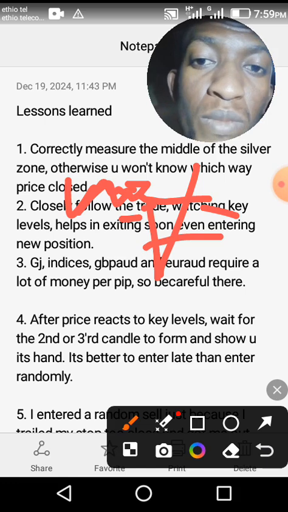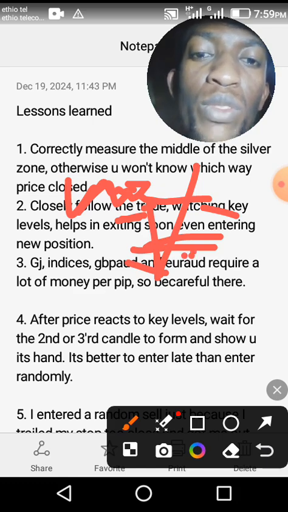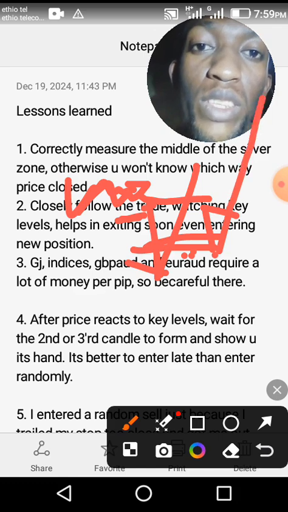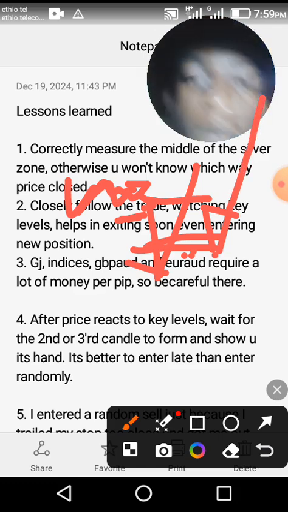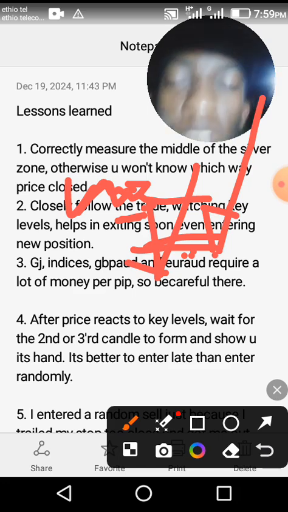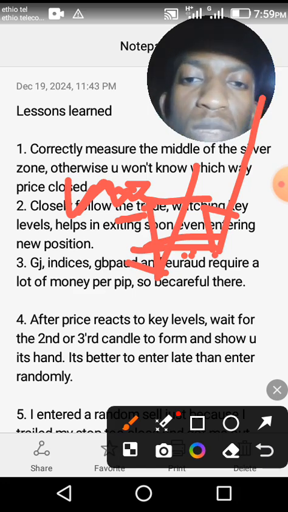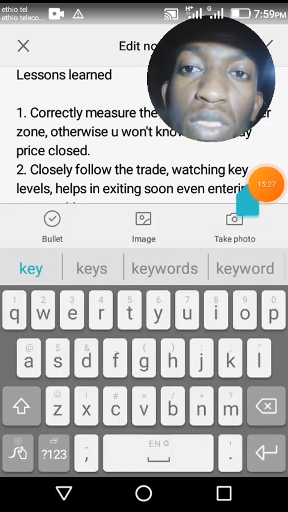This leg below the silver zone to the middle line is called mid-ordinate. This mid-ordinate will be used for price support, right? To pump or to do whatever it wants, like sell or buy. So that is the whole scenario. You wanna watch what the price wants to do at key levels.